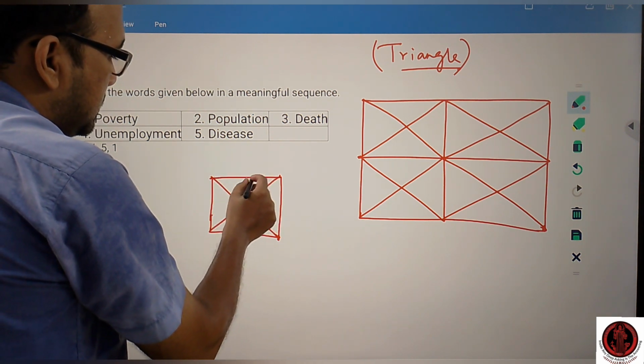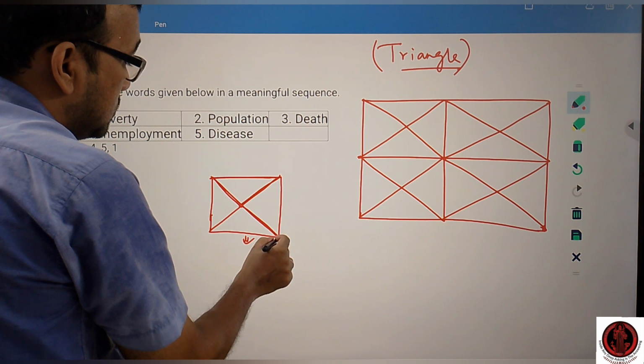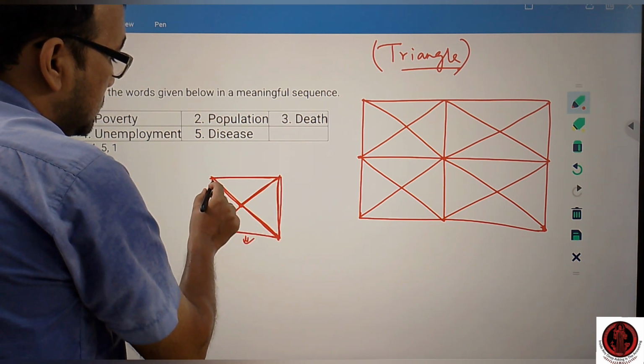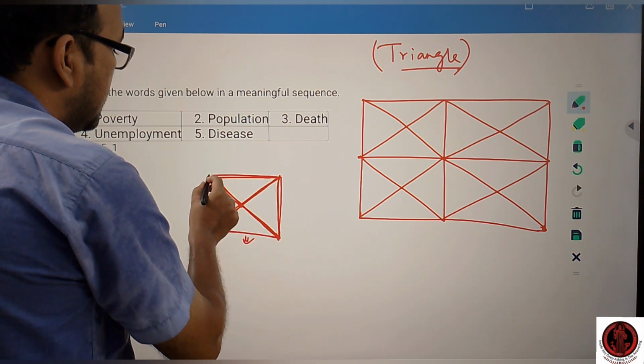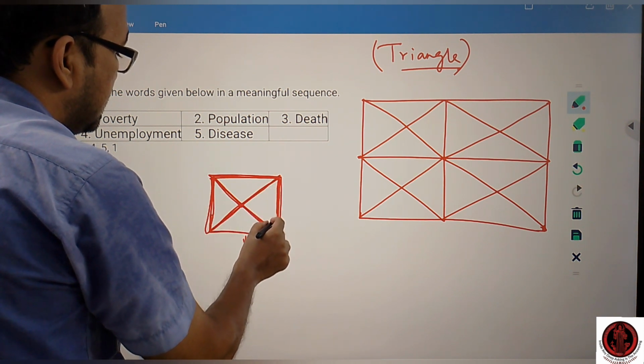It is 1, 2, 3, 4. Now 5, the bigger triangle, 6, 7, 8.